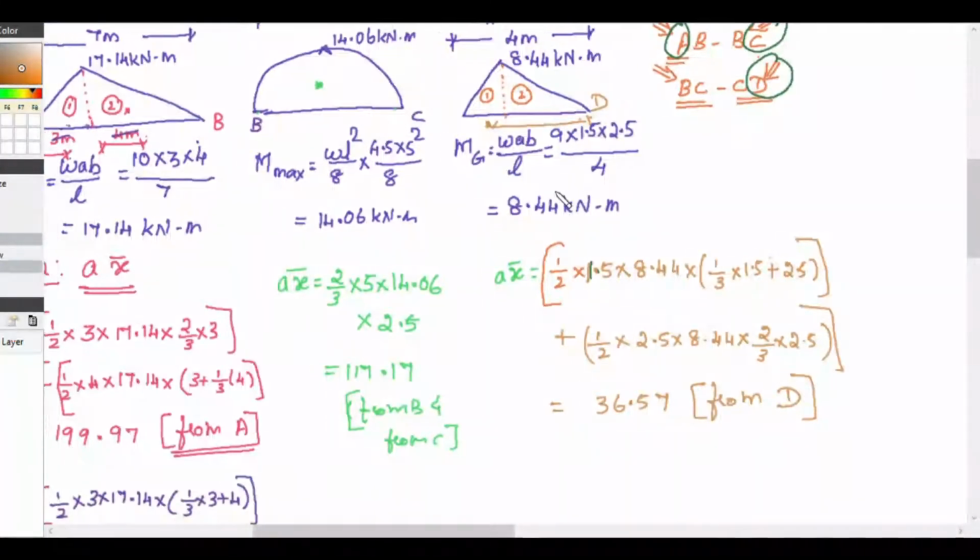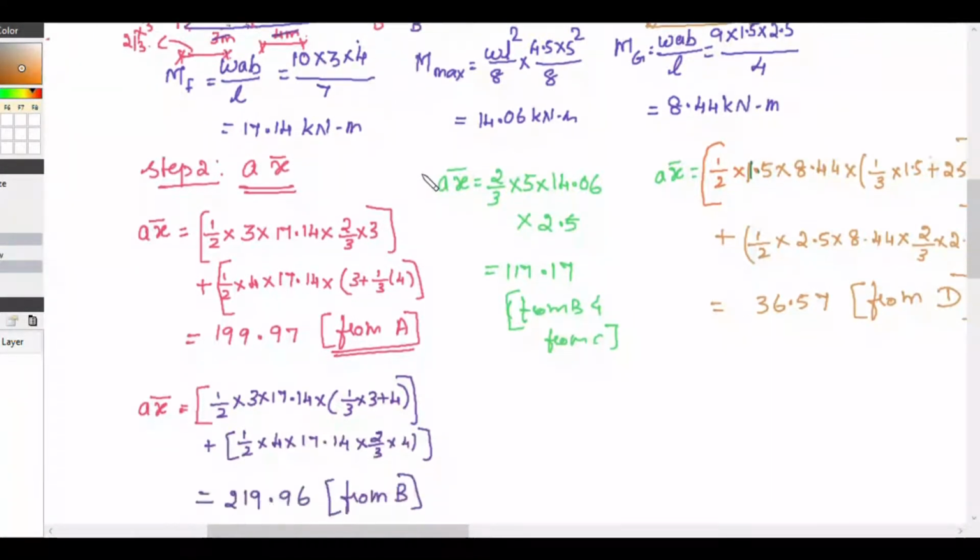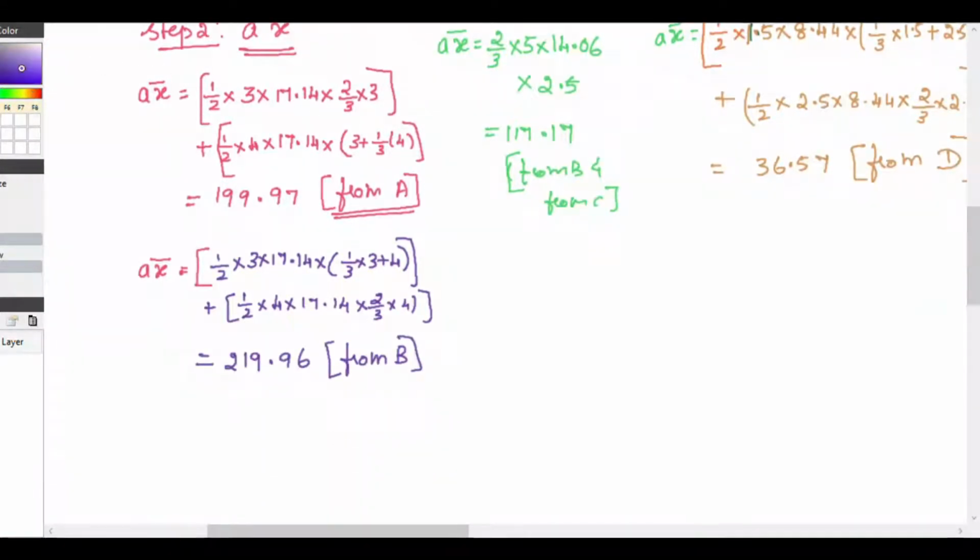Now, we will move on to our third step. Step 3 is find the unknowns.